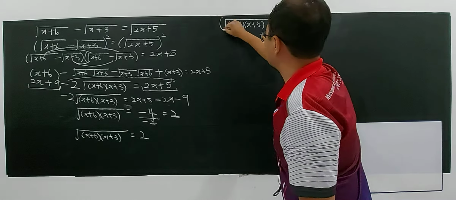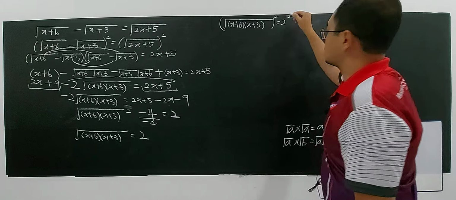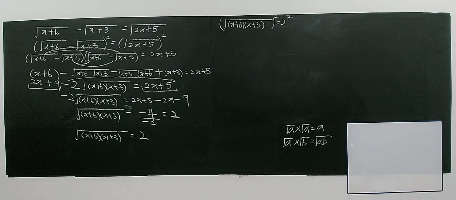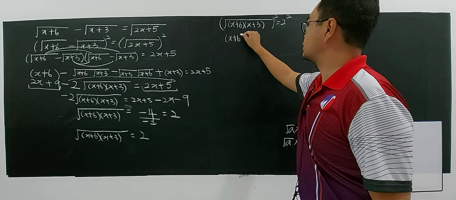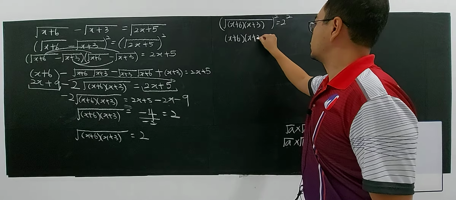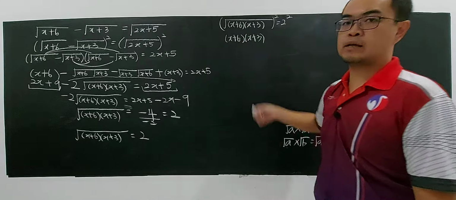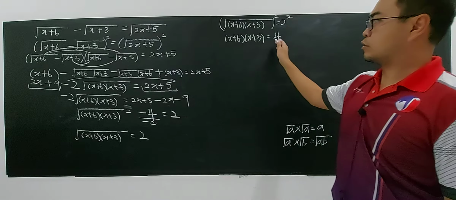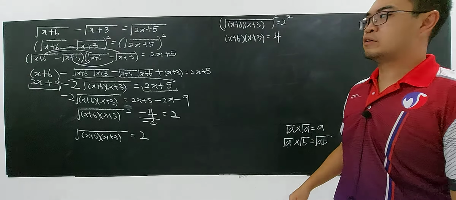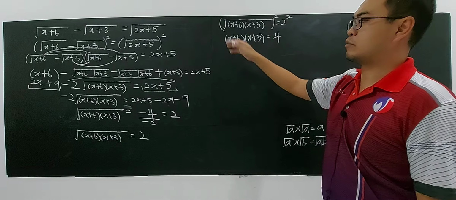For this side, I'm going to square again, because you want to eliminate the square root, the surd. So as you square the square root, you will have x plus 6, x plus 3. The square of a square root eliminates the square root, which equals 4. Now you can see that there are no more square roots. Beautiful, right?